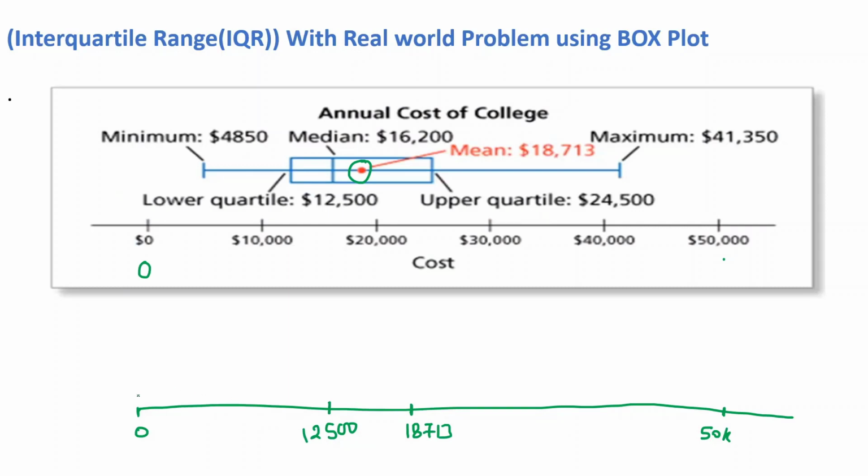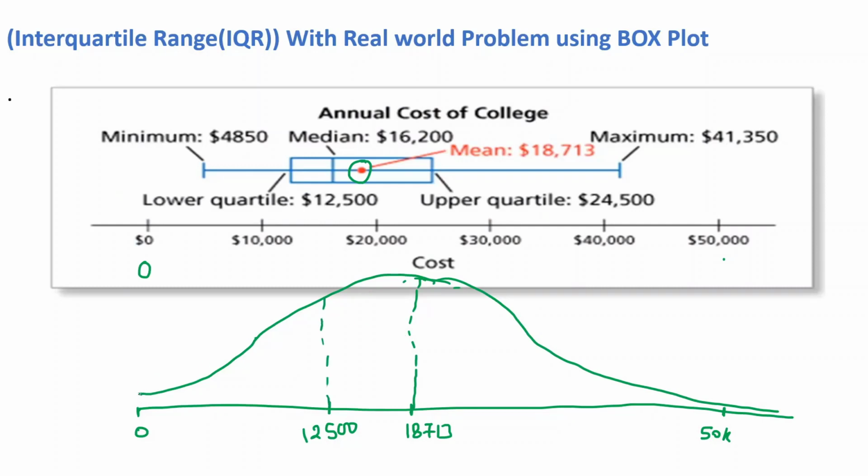If we plot the graph, it would be something like this. This is your middle value, this is your mean, this is your starting point, and this is your almost ending point.